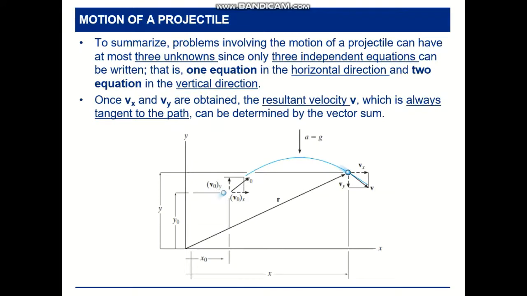To summarize, problems involving the motion of a projectile can have at most three unknowns, since only three independent equations can be written. That is, one equation in the horizontal direction and two equations in the vertical direction, right? So we know that v0 is equal to v, the initial velocity is the final velocity.